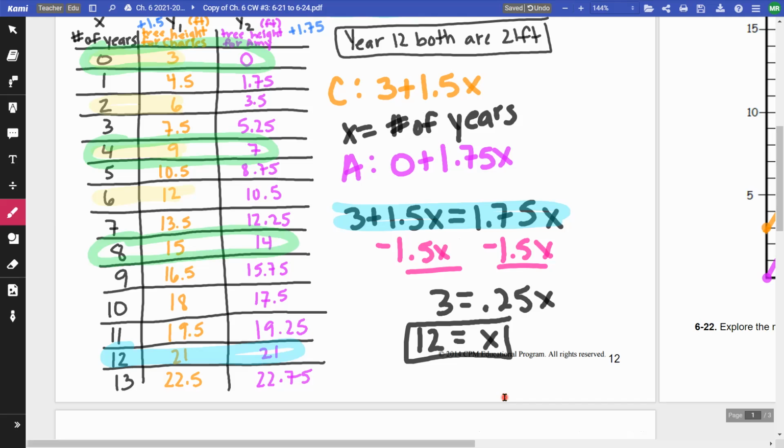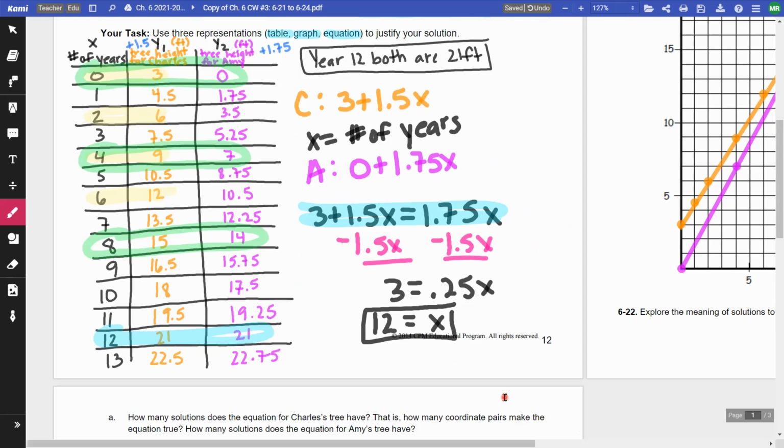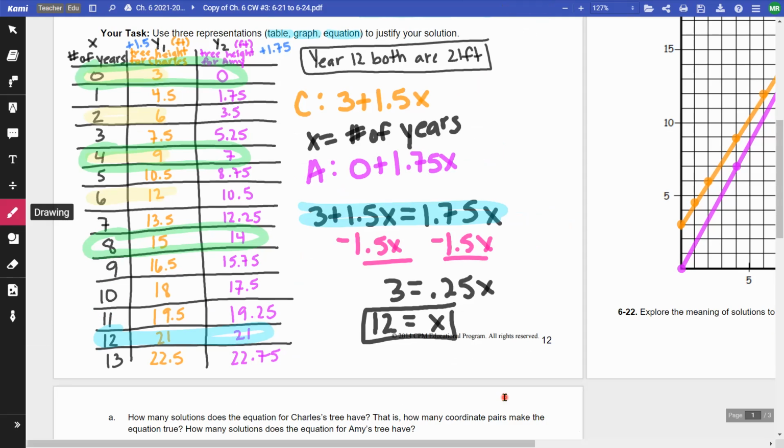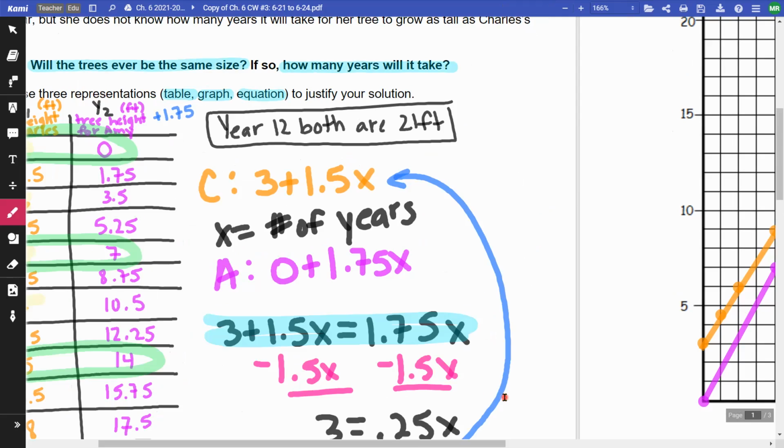Okay. Now to figure out how much they are, I can put this into either equation, and if I do that, I would have 3 plus 1.5 times 12.